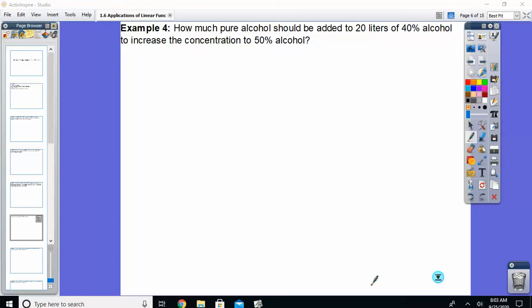We have the pure that we're going to mix in with the 40%, and we want to get a 50%, right? So there's a lot of different pieces to this. What I suggest is on these problems, when you have so many different pieces, we make a table to keep our information organized.